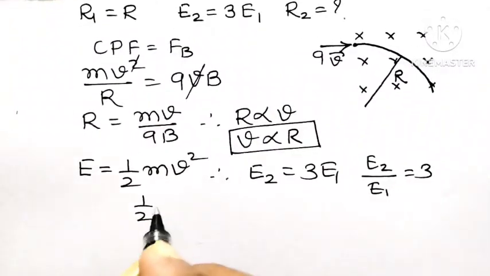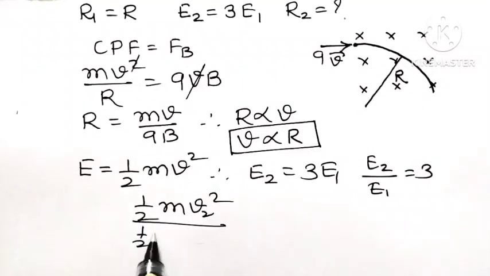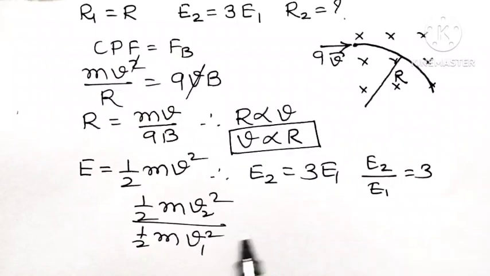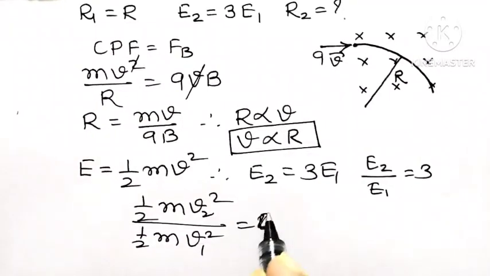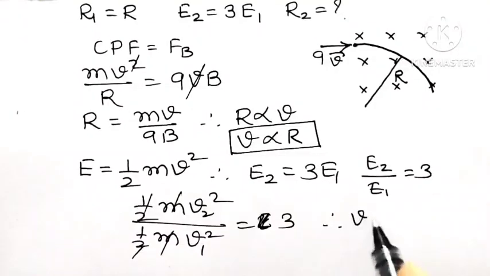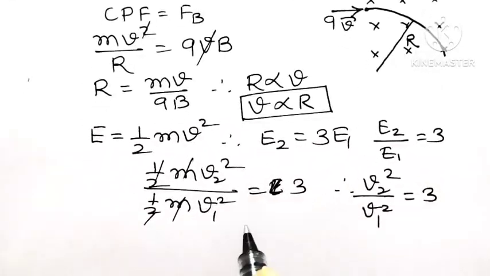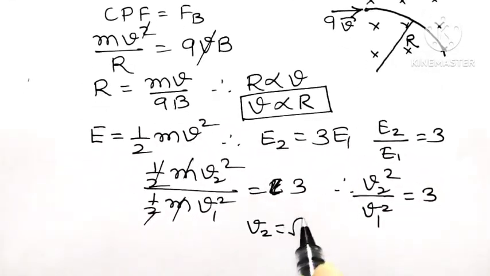E2 is half of m into V2 square divided by E1, half of m into V1 square, and that is equal to 3. So half m gets cancelled. So V2 square divided by V1 square is equal to 3, or V2 by V1 is equal to root 3, V2 is equal to root 3 V1.